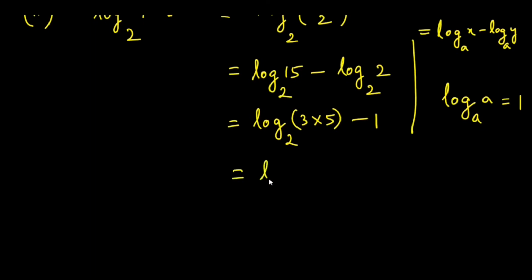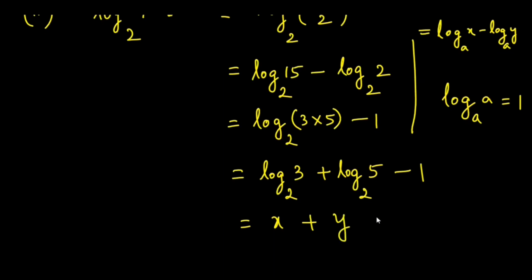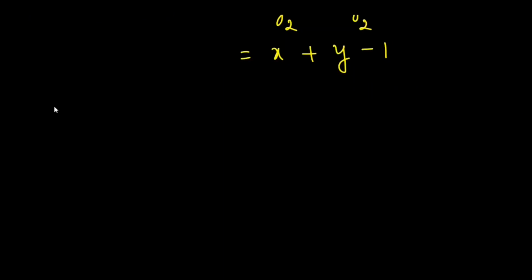This becomes log of 3 to the base 2 plus log of 5 to the base 2 minus 1. Log of 3 to the base 2 is x plus log of 5 to the base 2 is y minus 1. Now let us see third one, log 60 to the base 2.